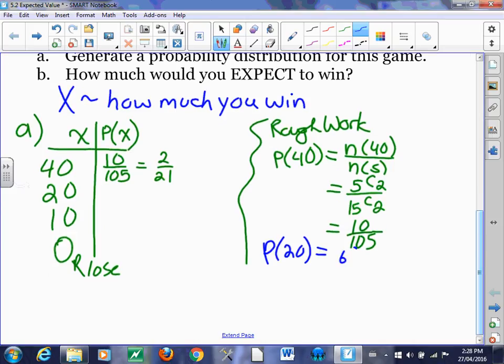So it equals 6 choose 2 over our total, which is 15 choose 2. Plug that in your calculator, and you're going to get 15 over 105. Put it into lowest terms. It's going to be 2 over 35.